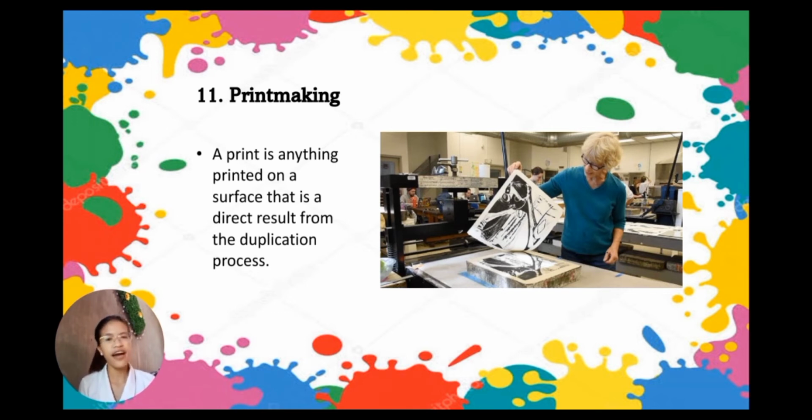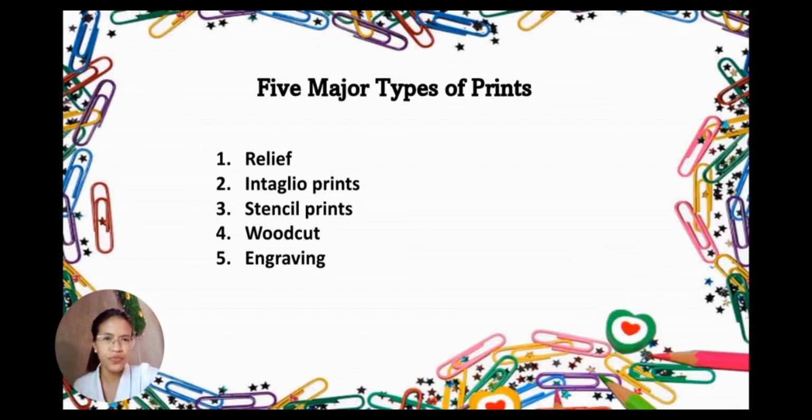And then we have 5 major types of prints. So we have the relief. So relief prints are made by removing material from the matrix. So when we say matrix, it is what holds the ink, which is then transferred to paper.